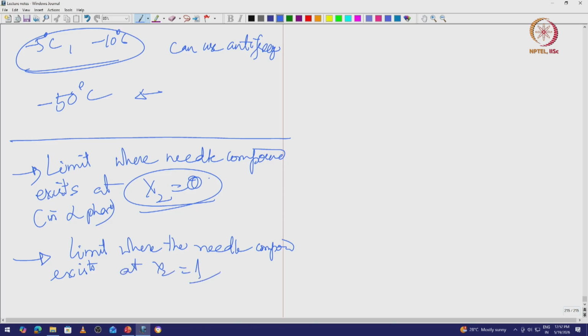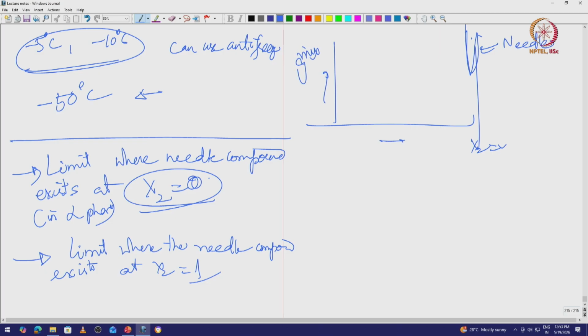Now here is an interesting scenario. What is the case that I am going to discuss? I am going to say that I have a phase here: this is x2 equal to 1, this is a needle compound. This is G mix again, this is x2, and I have another phase where I have slightly more solubility of 2.